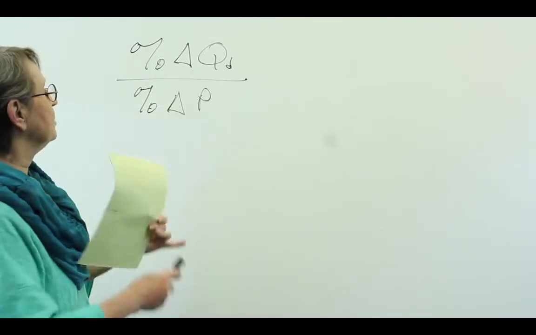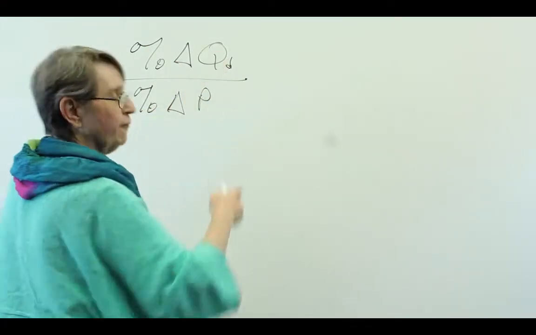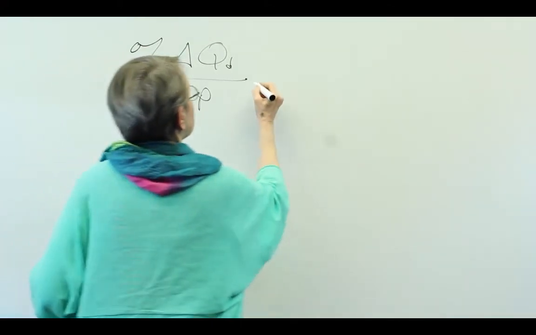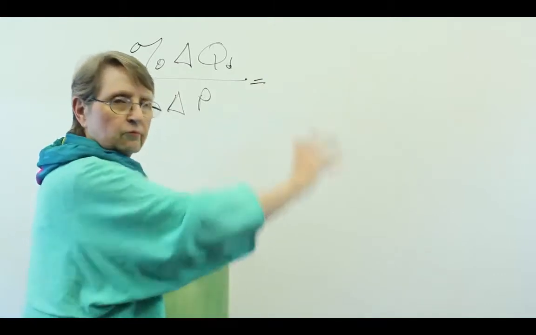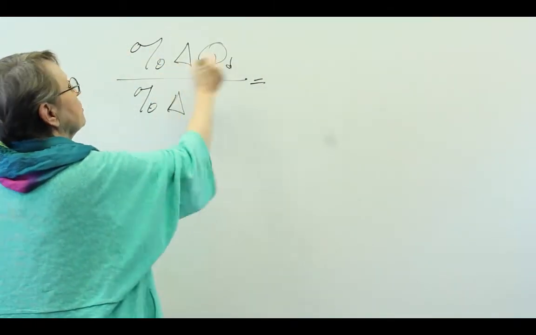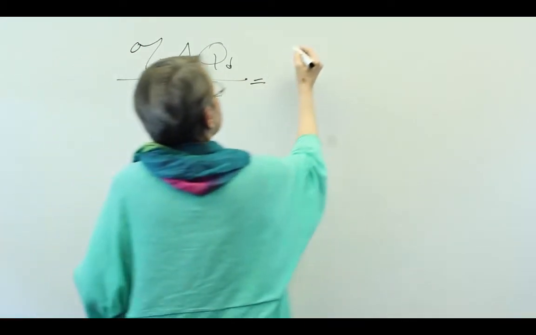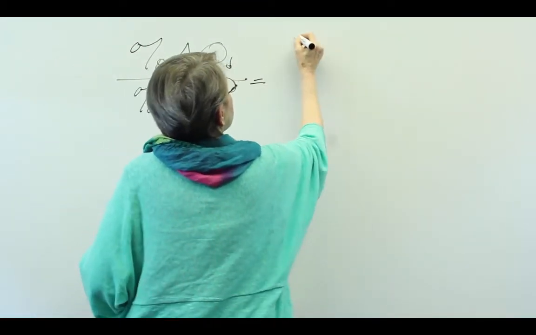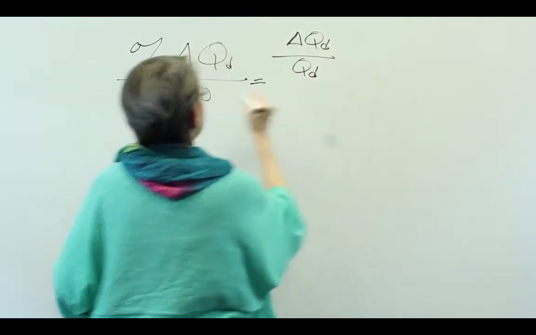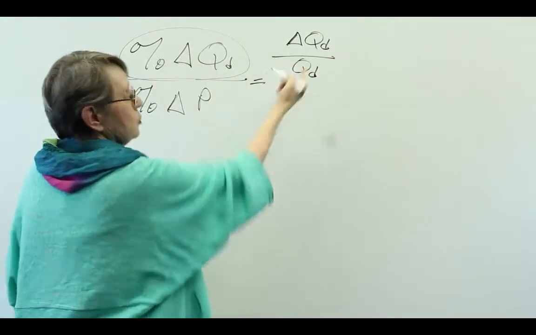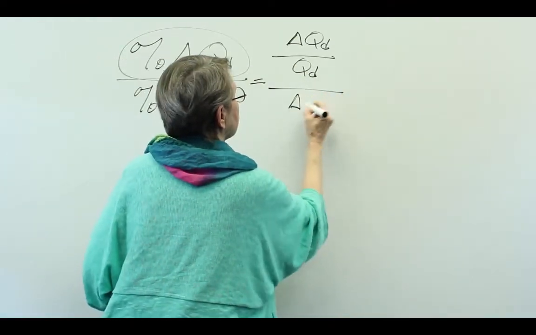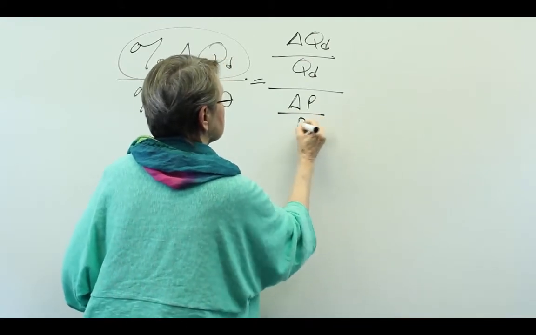So we're measuring percentages. We can take this formula and break it down into something that's really easy to use. Let me just run through the arithmetic really quickly. You will remember that the percentage change in quantity demanded can be rewritten as the change in quantity demanded over quantity demanded. And the percentage change in price can be written as the change in price over price.